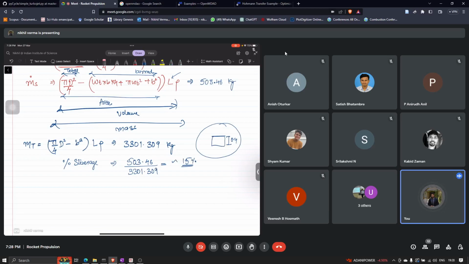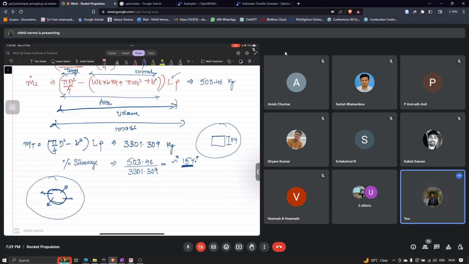Which is huge. So this type of grain geometry is very rarely used. This is not practically used in most of the engines. The most common type is radially outward, and the star geometry.